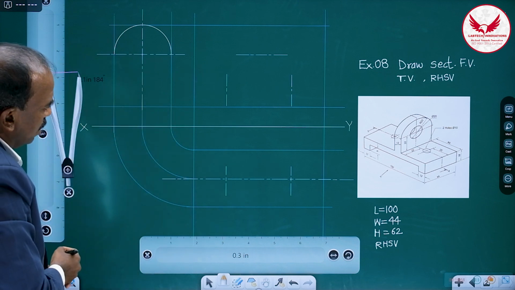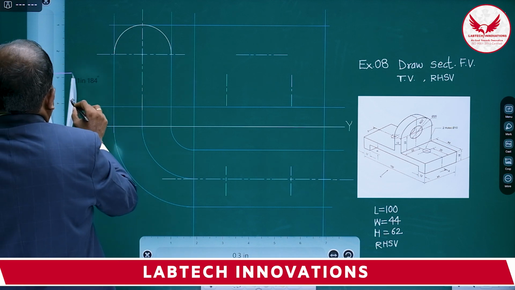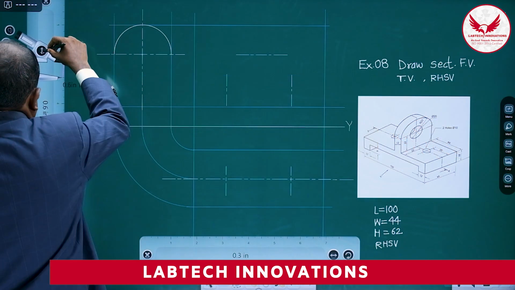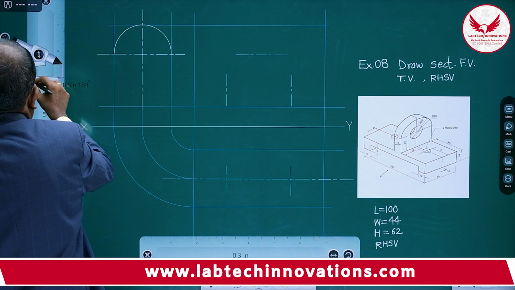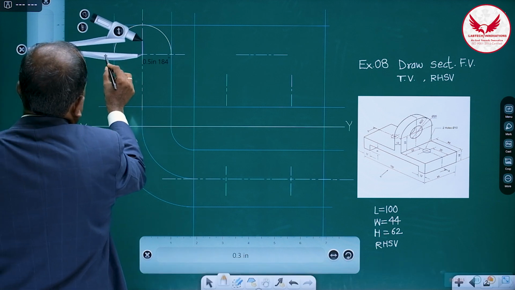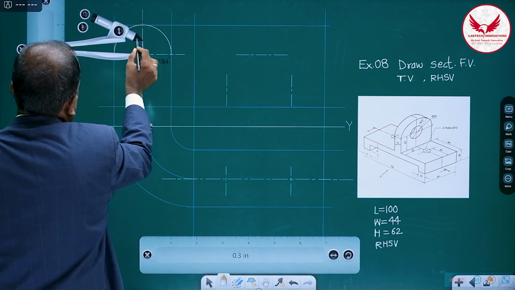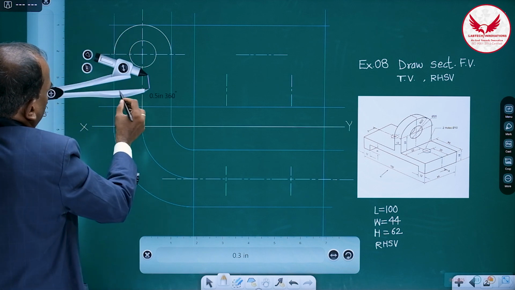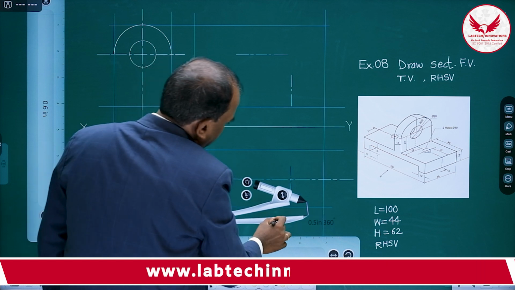This is the semicircle. Then the circle in it, phi 20, means radius 10. Mark this radius, and with this same center, draw this circle also. So in the side view, the circle and semicircle are over.